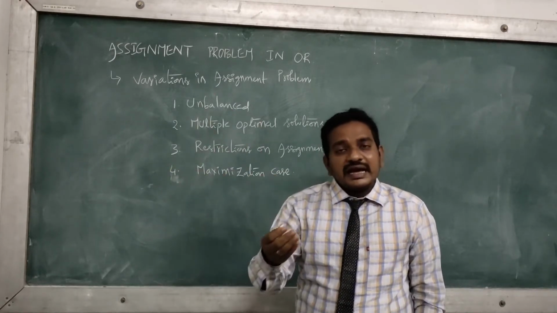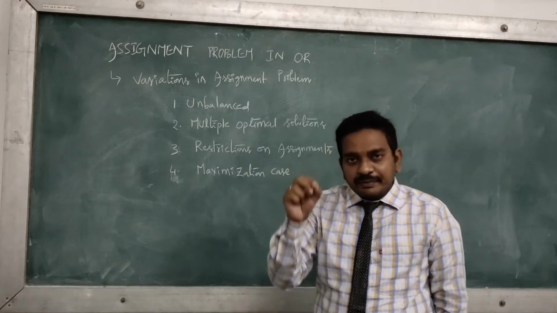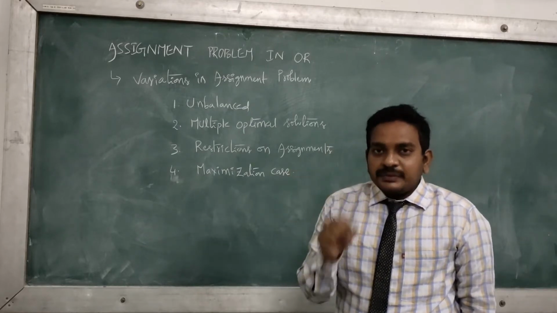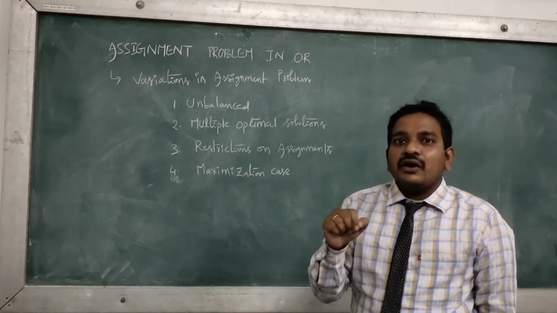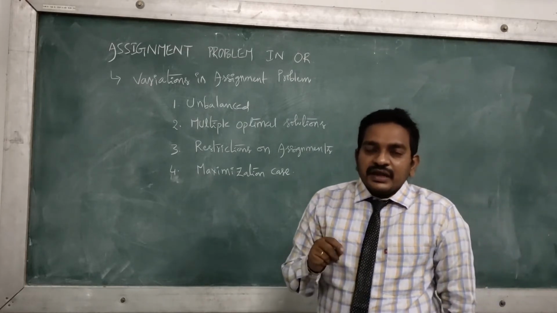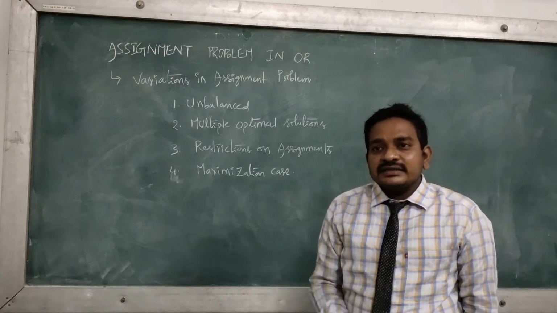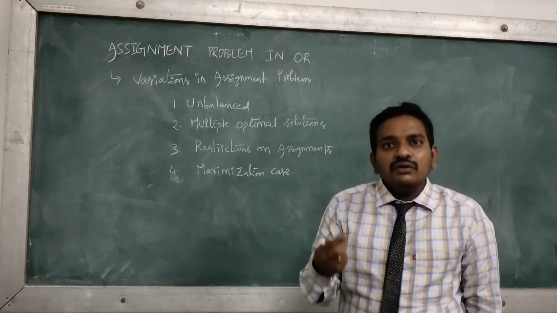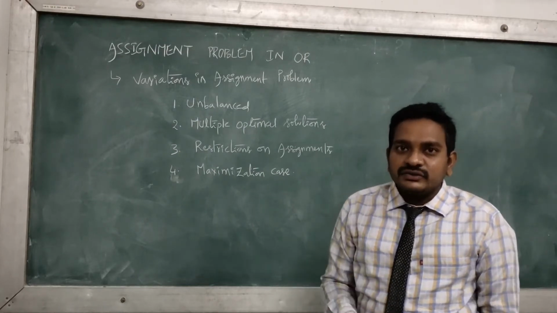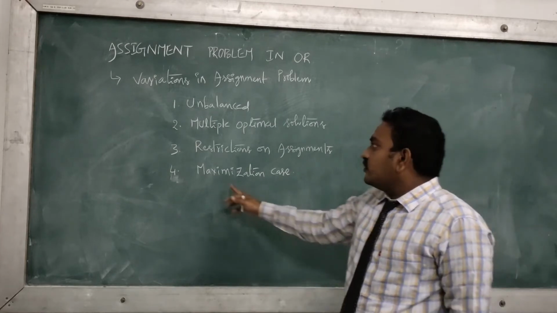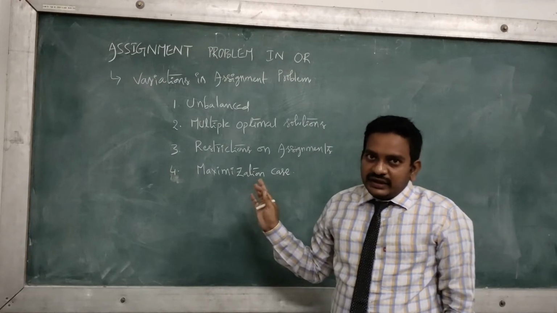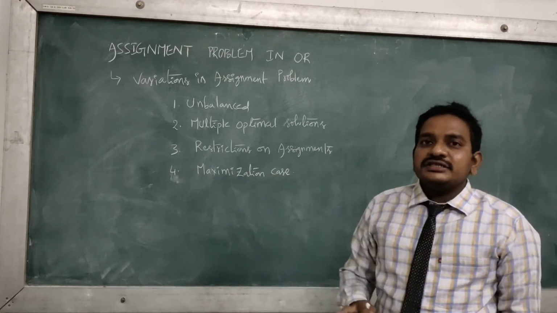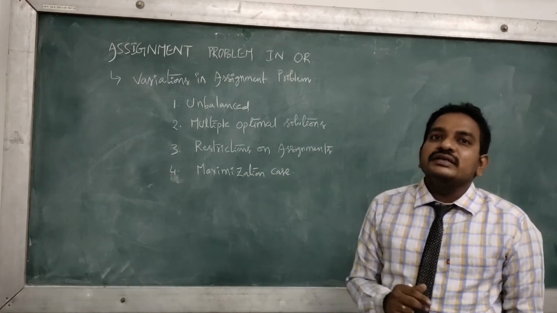If a cost or expenses are given, we have to minimize it. Up to now we have seen problems which minimize cost or expenses. If in some cases a matrix is given related to profit or revenues, in that case you have to maximize the given solution. We obtain this maximization table in 2 ways.